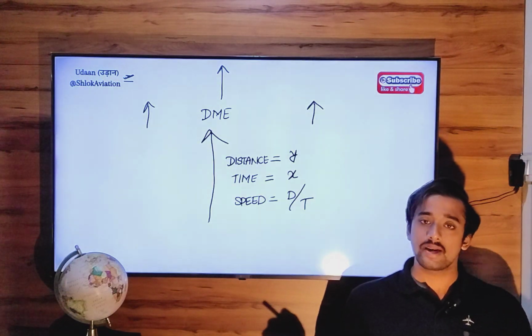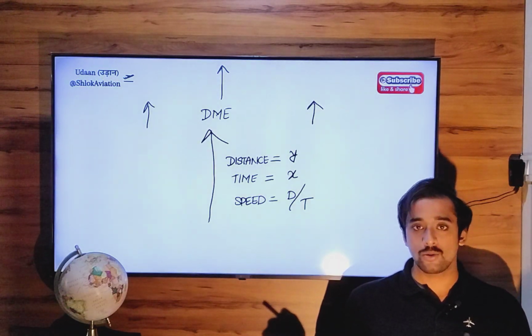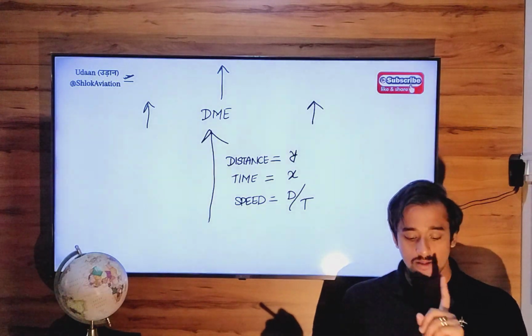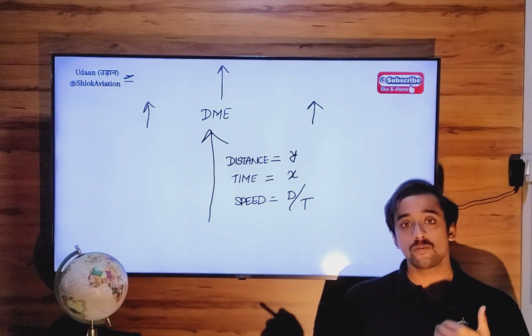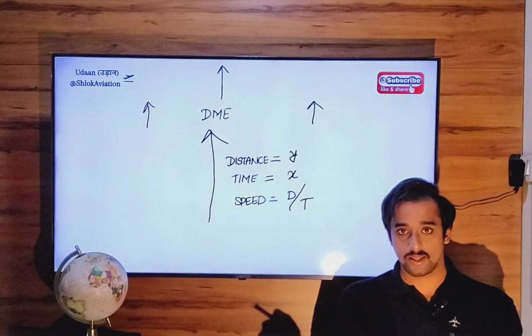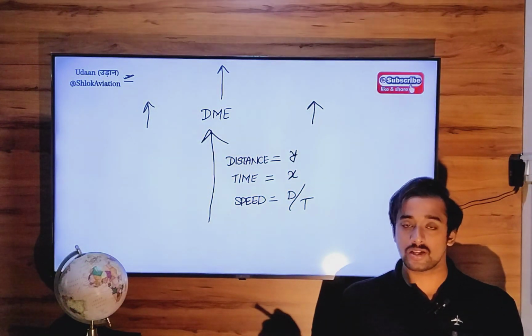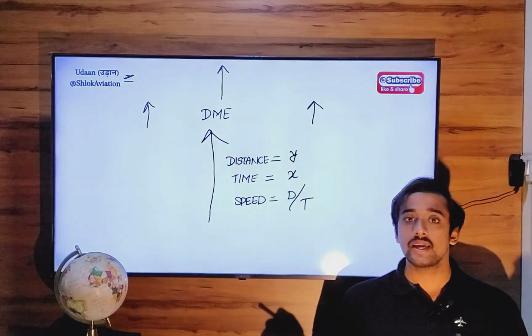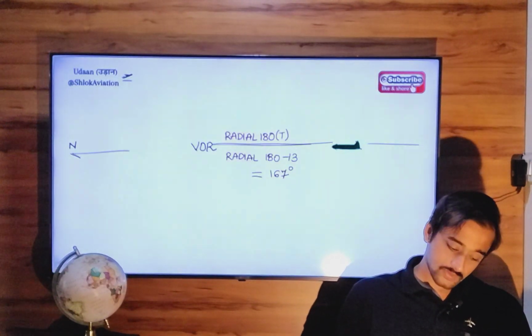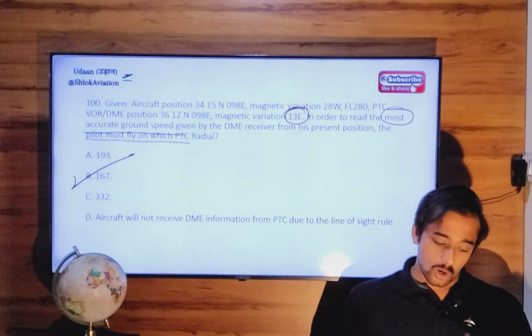So this is done automatically by the equipment itself, and you directly get the indications of distance and ground speed. But the only thing you have to take care of is you have to be flying directly towards the station or directly away from the station. Any other direction you are with respect to the station, you will be getting inaccurate ground speed readings. Okay, so the option will be option Bravo.